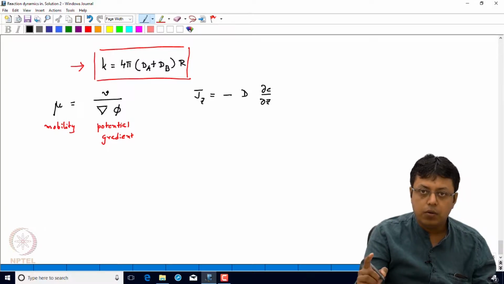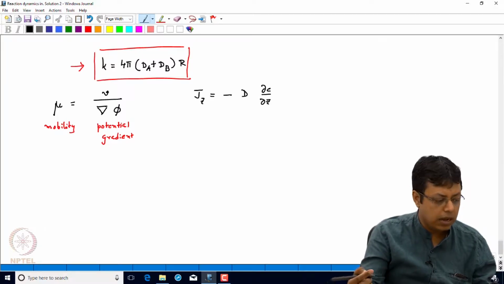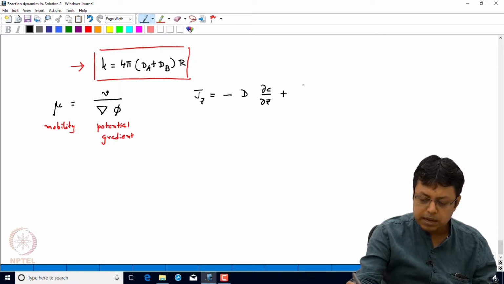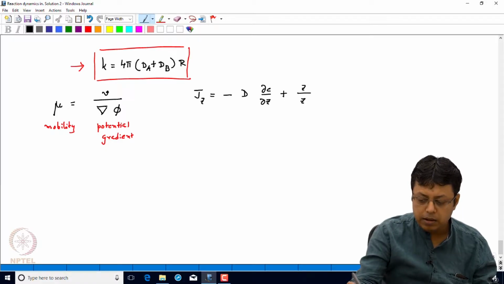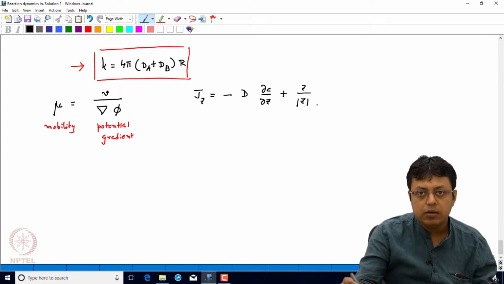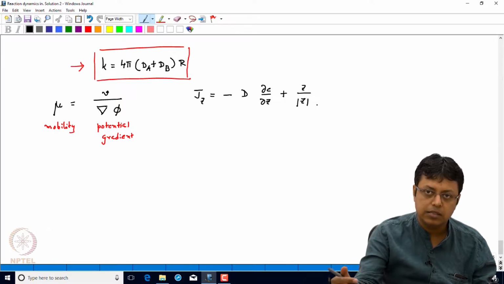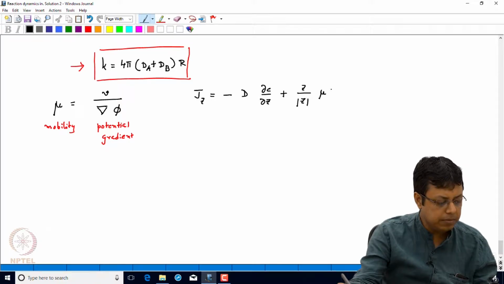But now we will have an extra component to it, which I am writing as plus z, where z is the charge of the ion, divided by the modulus of z. So it will dictate the sign of that ion, whether it is a positive ion or negative ion, and then multiplied by the ionic mobility, the concentration of the ion, and the potential gradient del phi del z.